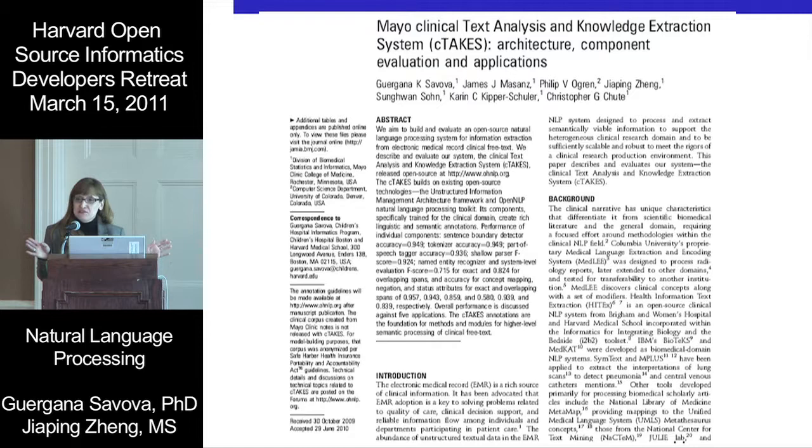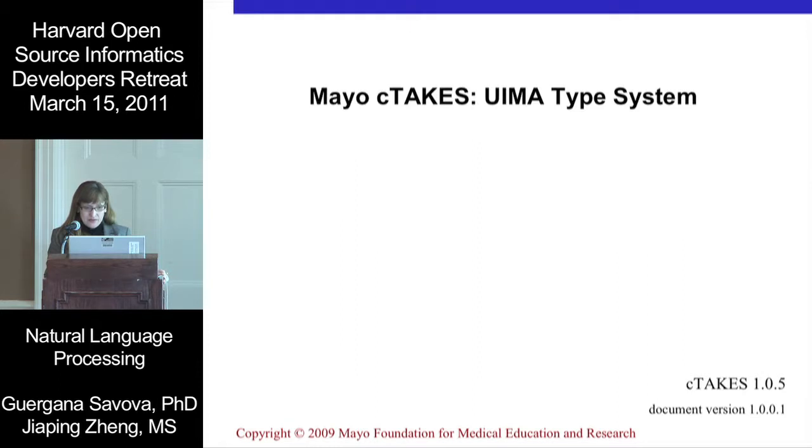So I would invite the community to start improving what we have so far. So with that, I'm concluding the high-level overview of the system. And now Jiaping is going to talk about core, I guess, software engineering topics like the data structure, and then he's going to show you a coding example.